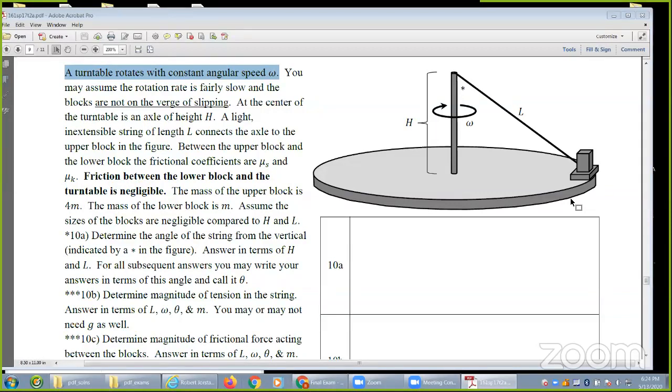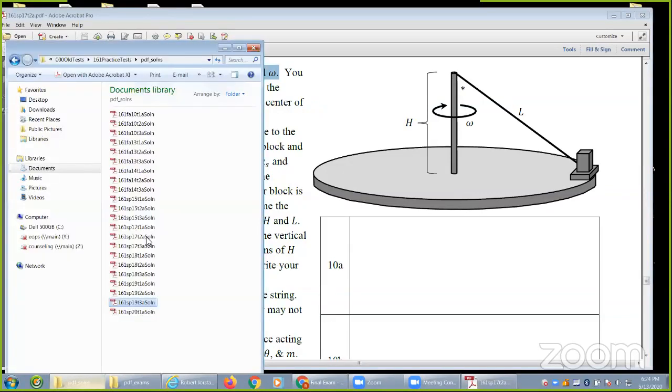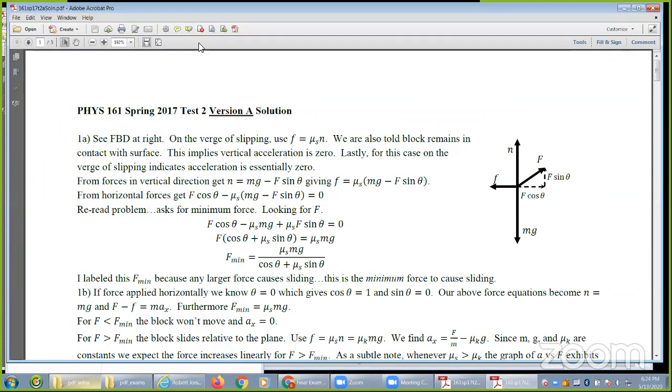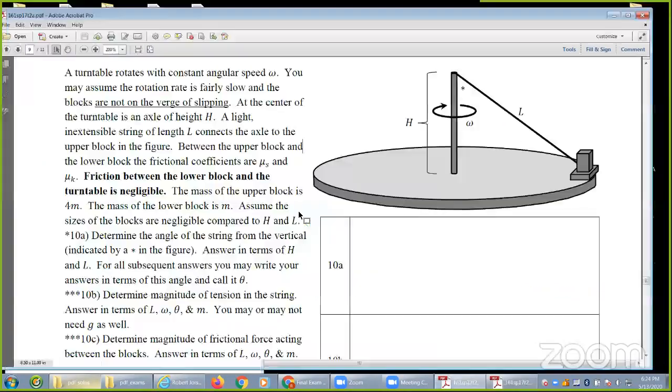I'll go ahead and find the solution and bring it up here in a second. I'll let you work on it. Which question is on 10?